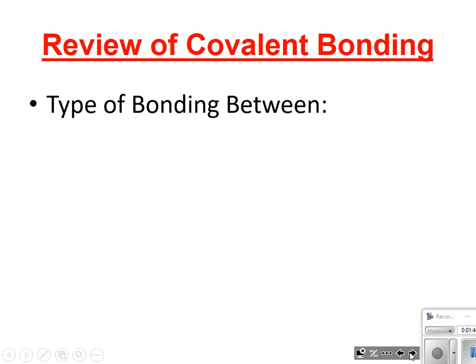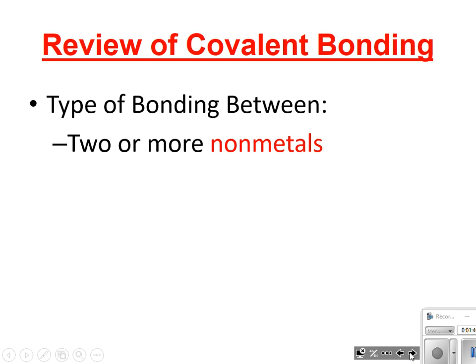Covalent bonding is a type of bond between what? Non-metals. Two or more non-metals. We'll talk about, I think it's next week when we discuss polyatomic ions, because those are covalently bonded.